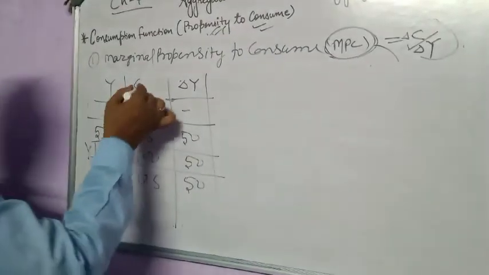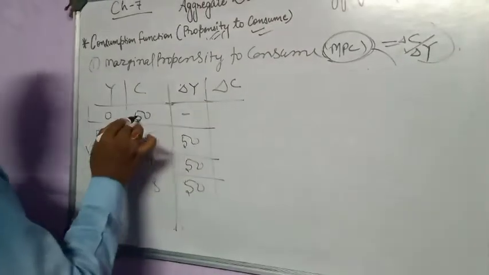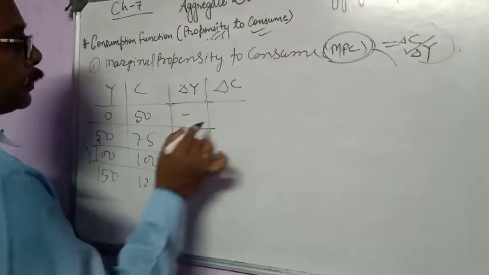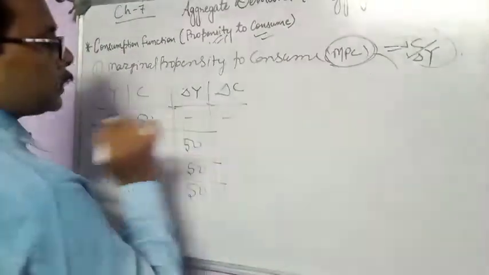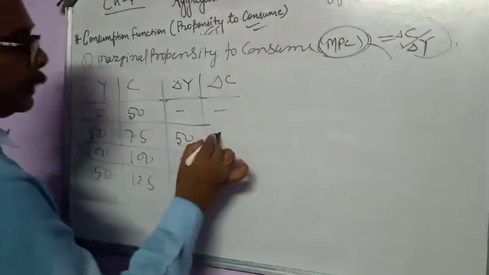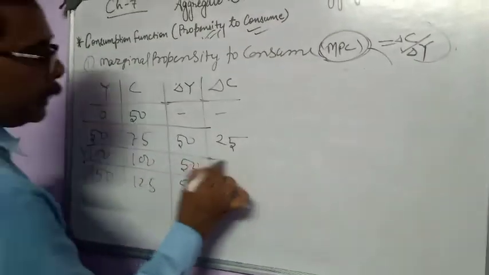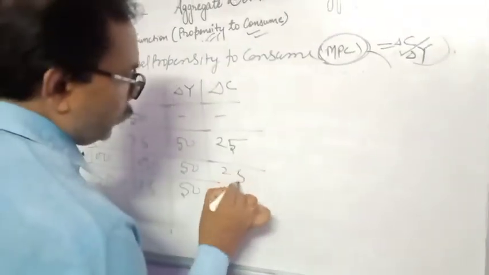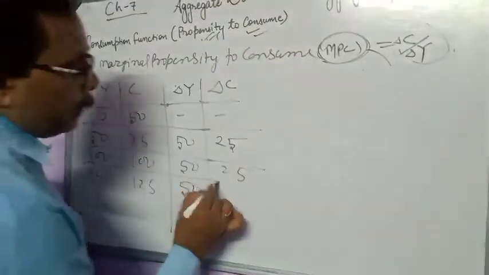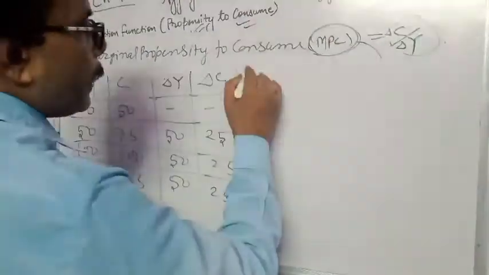And here in the first stage there is no change in consumption, so that is constant. Now 50 to 75, that is 25. Again 75 to 100, how much has it changed? 25. So what will be the value of MPC?